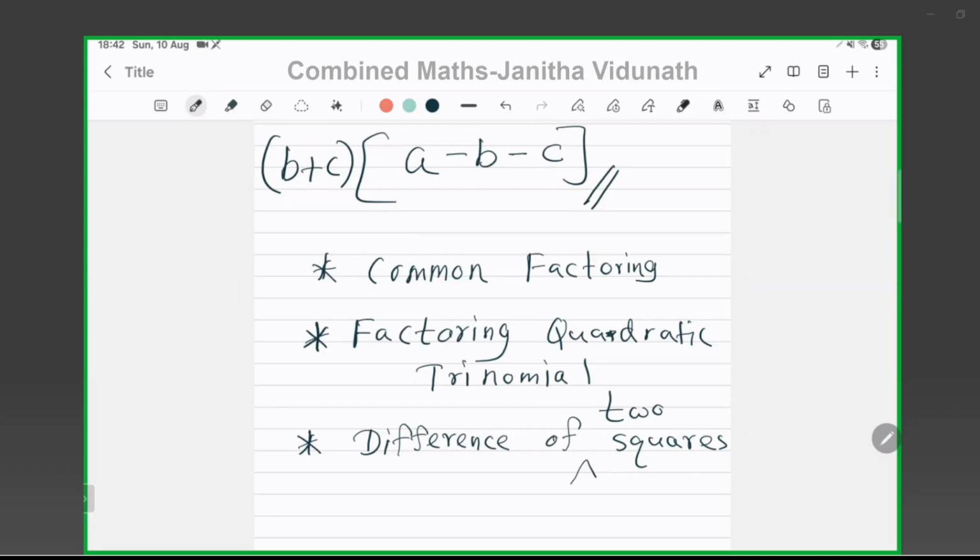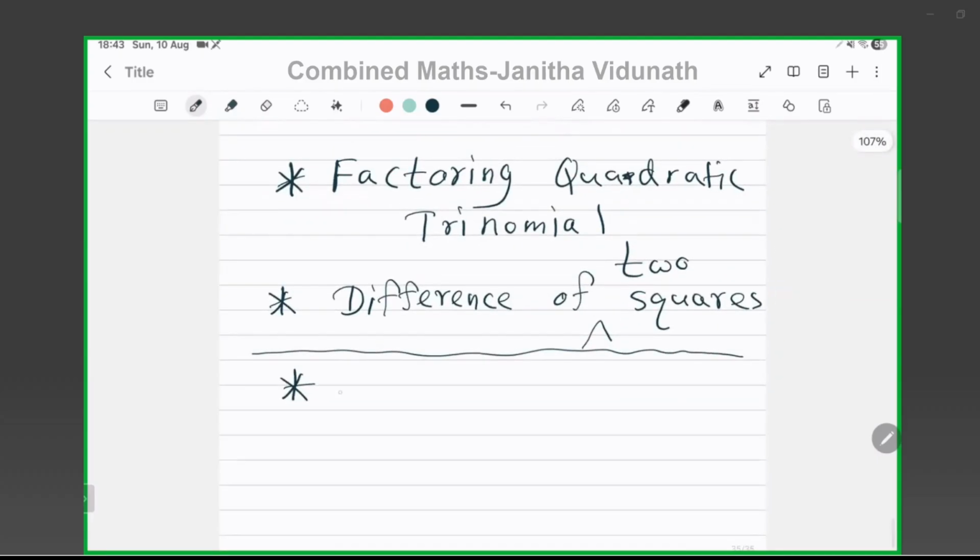When we think of factorization, we need another two things: factorization of the sum of two cubes and the difference of two cubes. This still remains for us.